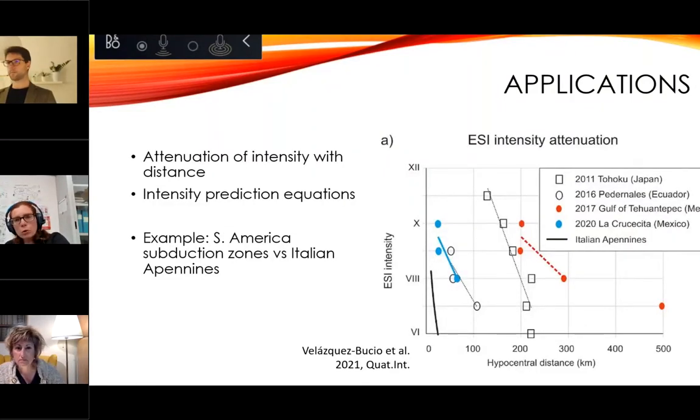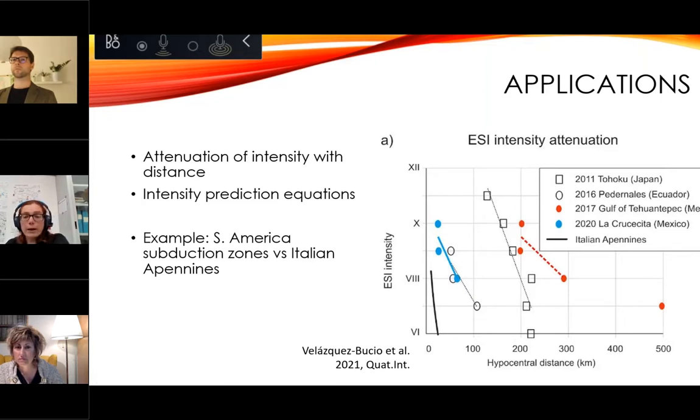Another quite interesting application that is starting to be more and more used is the development of attenuation relations. So basically, intensity attenuates with the distance from the epicenter or hypocenter, and intensity prediction equations are one of the key ingredients for hazard assessment.